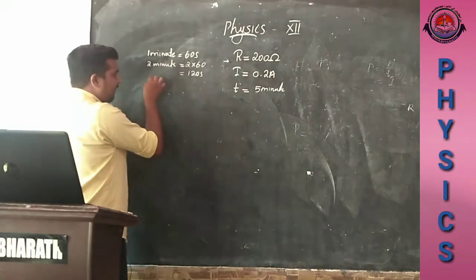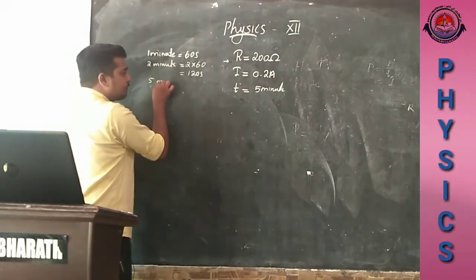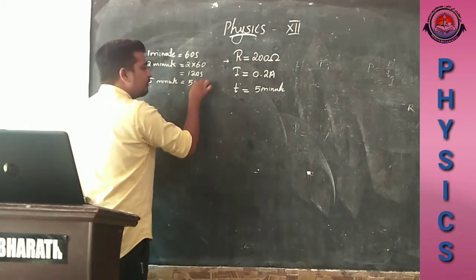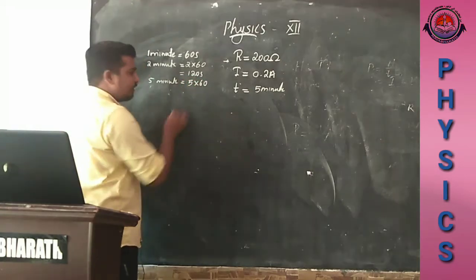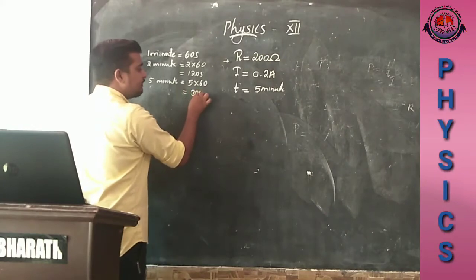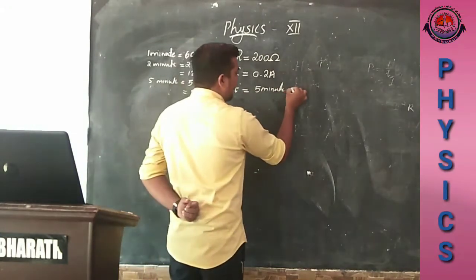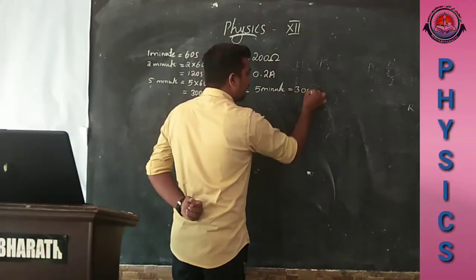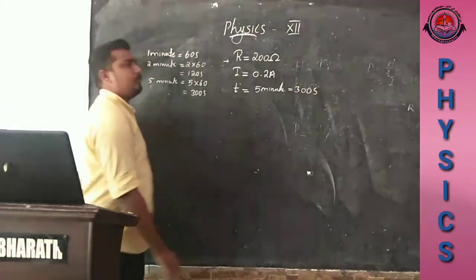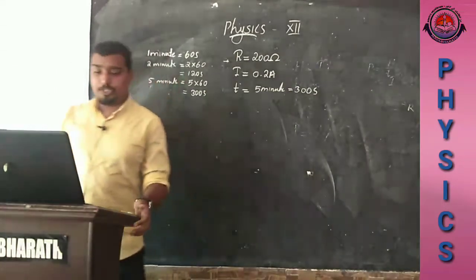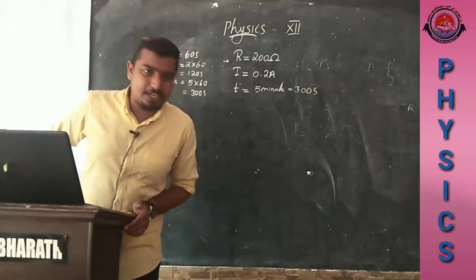Similarly, what is 5 minute? 5 minute equal to 5 into 60, that is 300 second. Here 5 minute means 300 second. And what is the question? How much will be the heat developed?